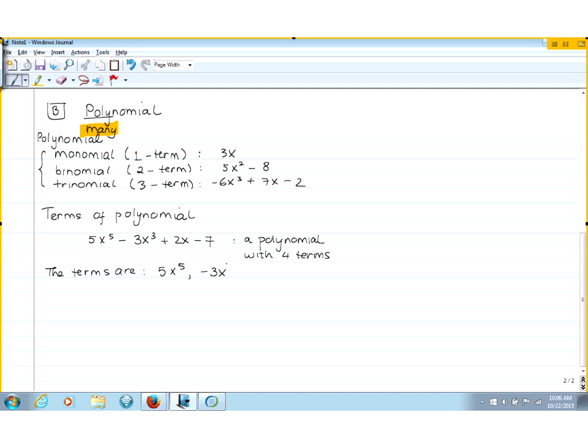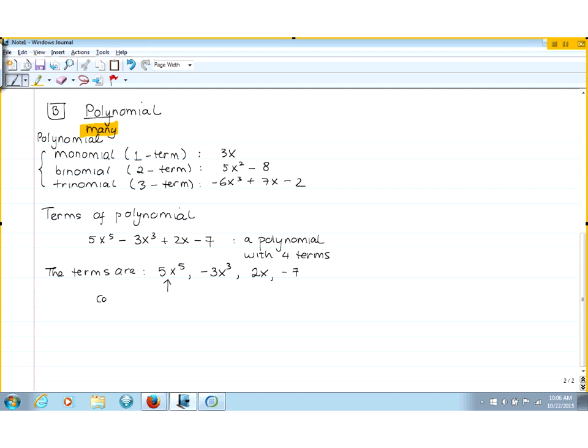What else? Negative 3x cubed. What else? 2x and negative 7. So those are the terms. Right? Those are the terms.